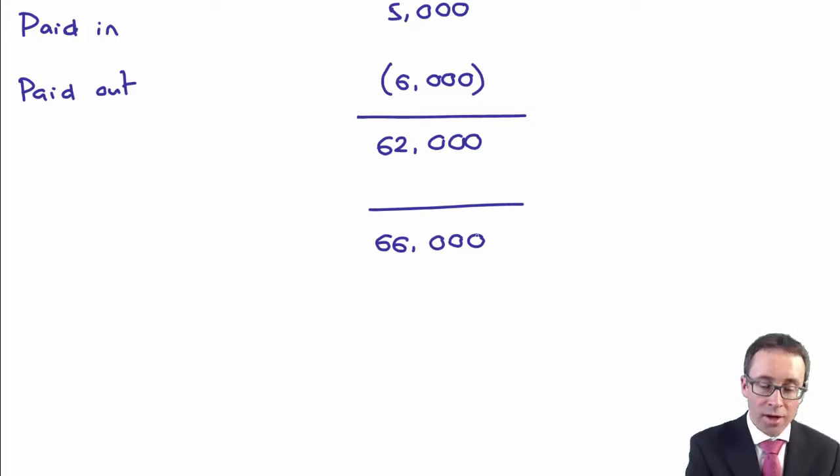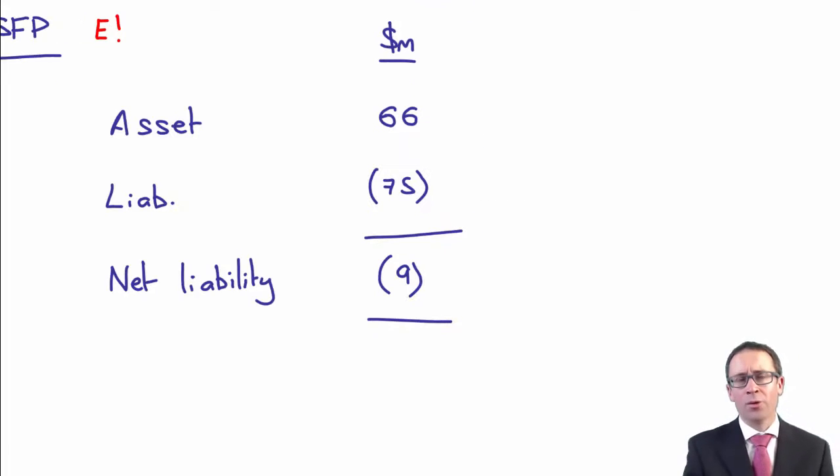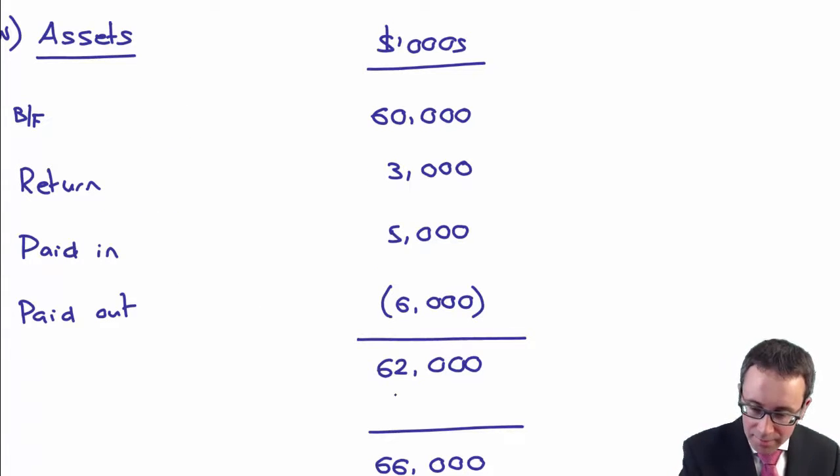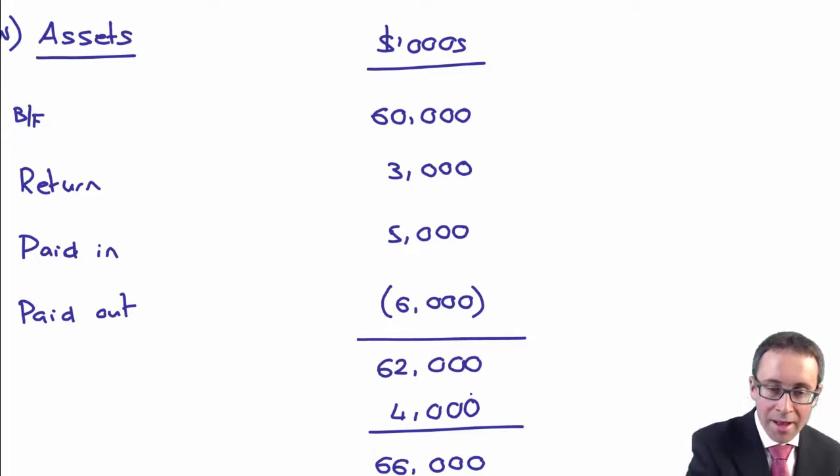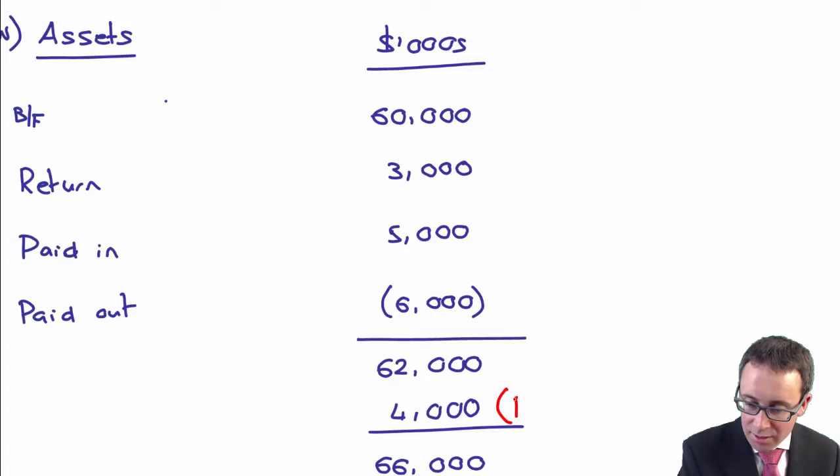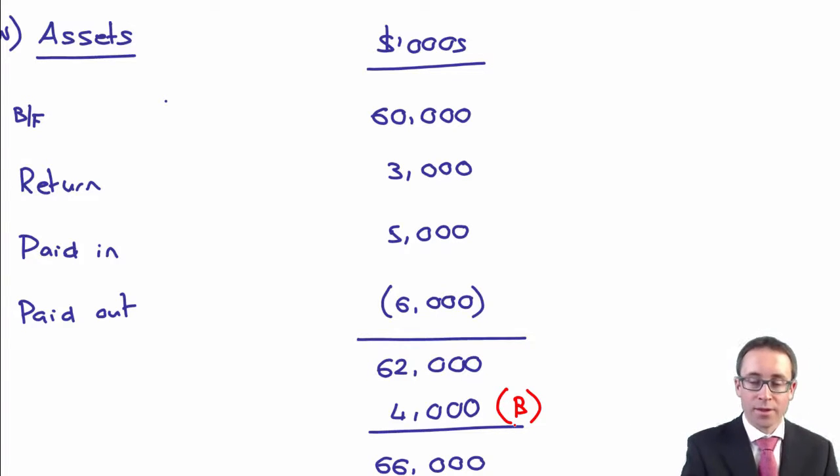Okay, if you're curious as to where that came from, that's the closing asset figure that we've recorded on the SFP at year end, isn't it? So you've got 66 million. The balancing figure that you have, is it there as 4?